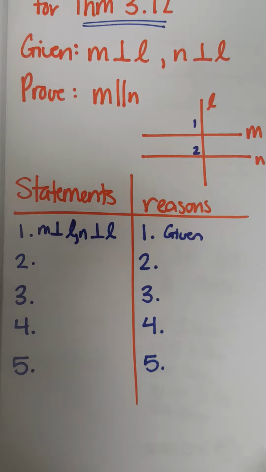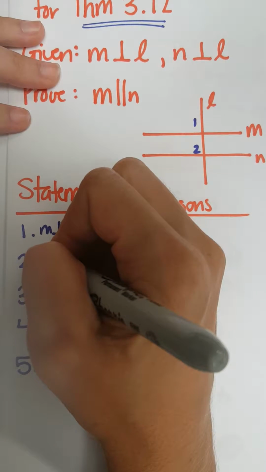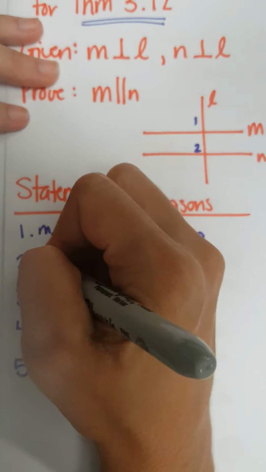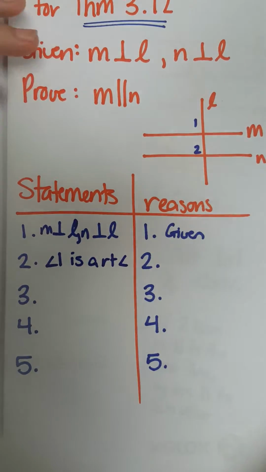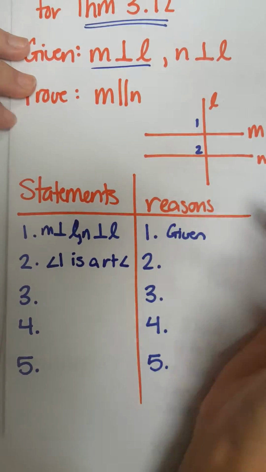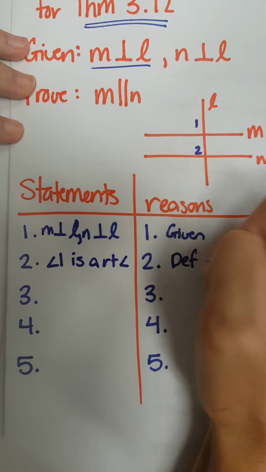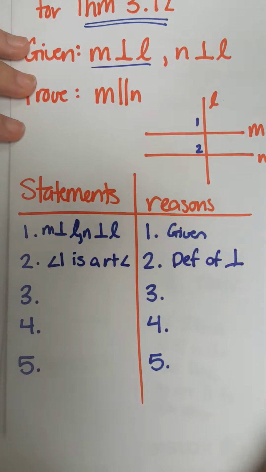Well, I know that angle 1 is a right angle. Why? Because they're perpendicular, right? Definition of perpendicular lines.